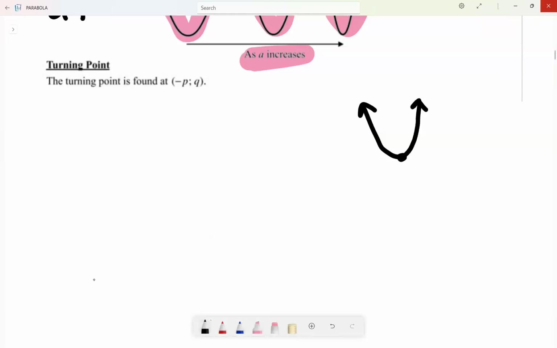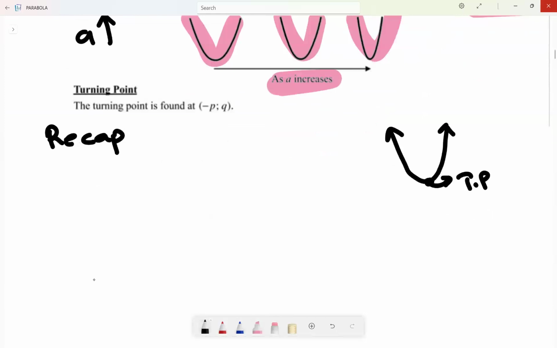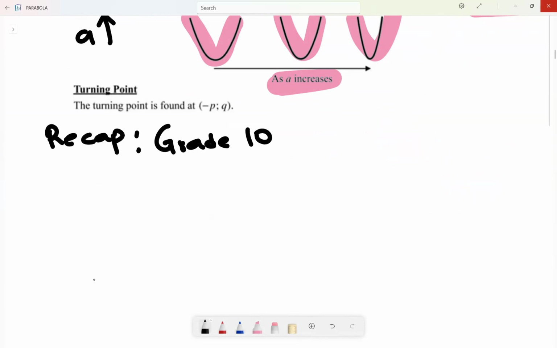Remember, there is what we refer to as the turning point. Let's take a quick recap in grade 10. In grade 10, you had this formula: y is equal to ax squared plus q.